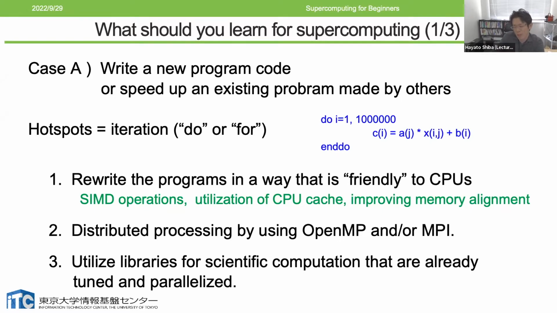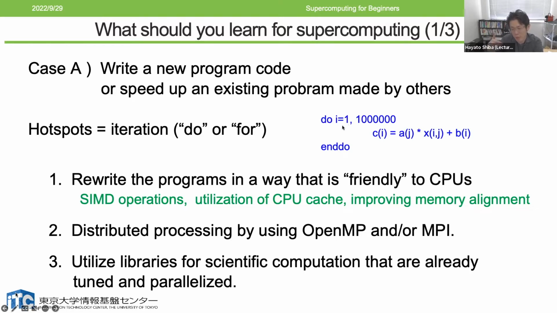Typically, in many scientific programs in the field of physics, engineering, or relevant areas, the hotspots of the programs are iteration parts. For example, this is written in Fortran style. So we have a do iteration.